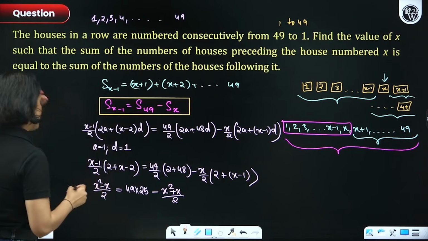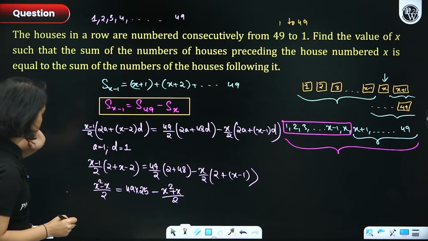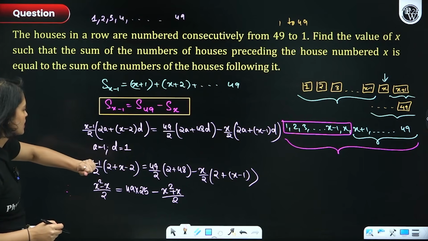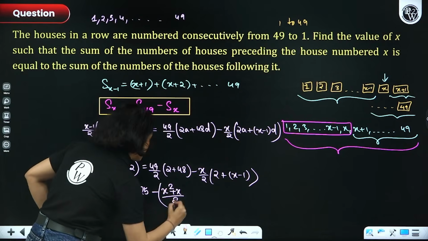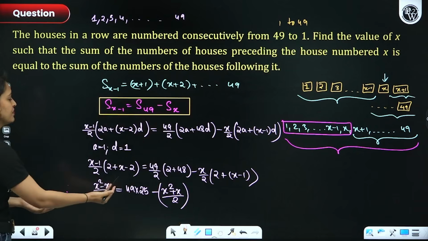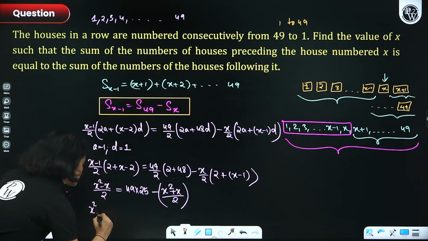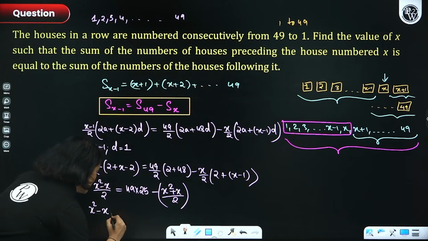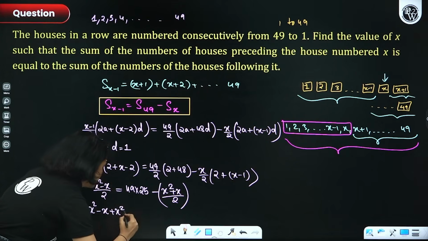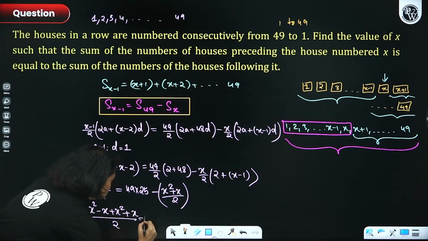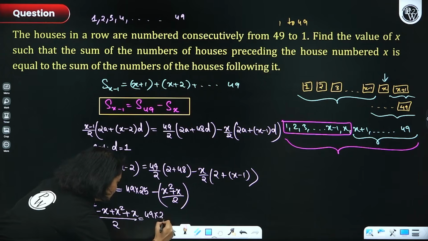Now, have we done something wrong? Let me put this bracket here. This is better. Now let's bring this to the left hand side. So we'll have (x square minus x) plus (x square plus x), over 2 is equal to 49 into 25.